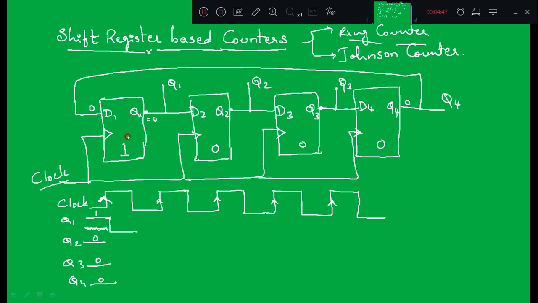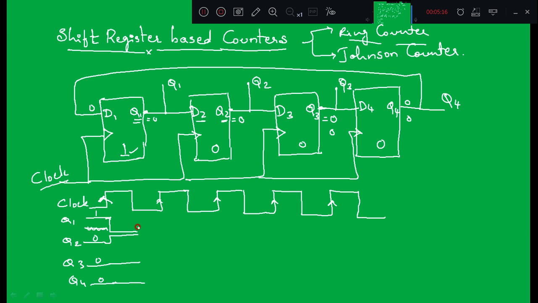And what happens to Q2? Since Q1 was 1 initially, which is connected to D2, Q2 becomes 1, right? Q3 and Q4 will remain 0 because Q2 was 0 initially and Q3 was 0 initially, right? Q3 is connected to D4, so Q4 will remain 0, and Q2 is connected to D3 and Q3 also remains 0, right?